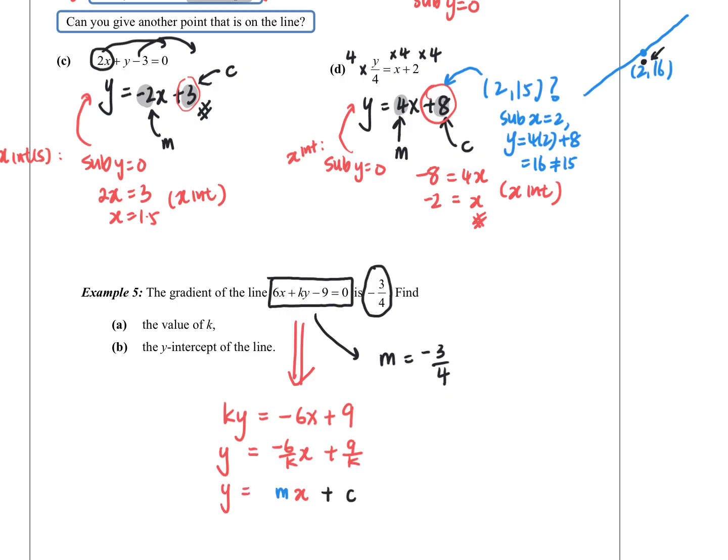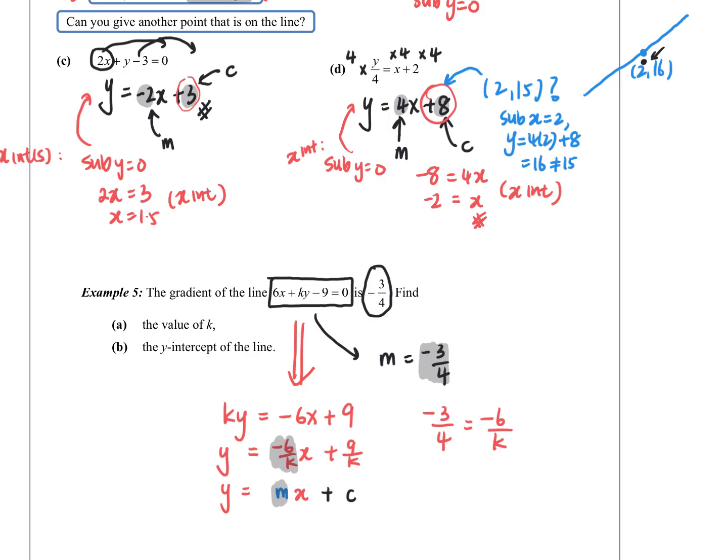So if I observe carefully, my gradient here is minus 6/k. And they tell me it must be equal to this. So if we compare, minus 3/4 must be equal to minus 6/k. So what is k? You can choose to make both sides the same, or you can cross multiply and solve.